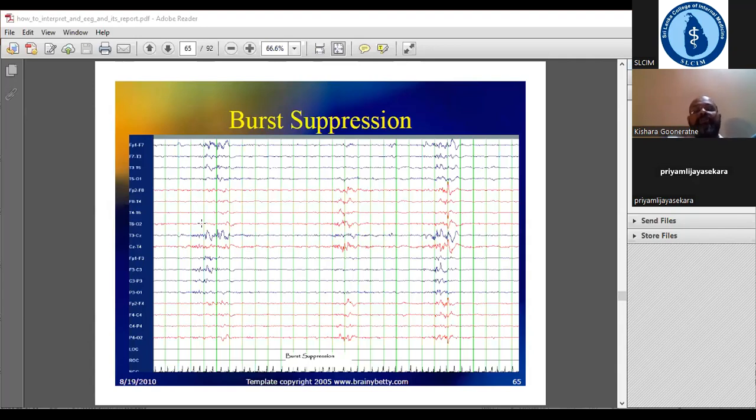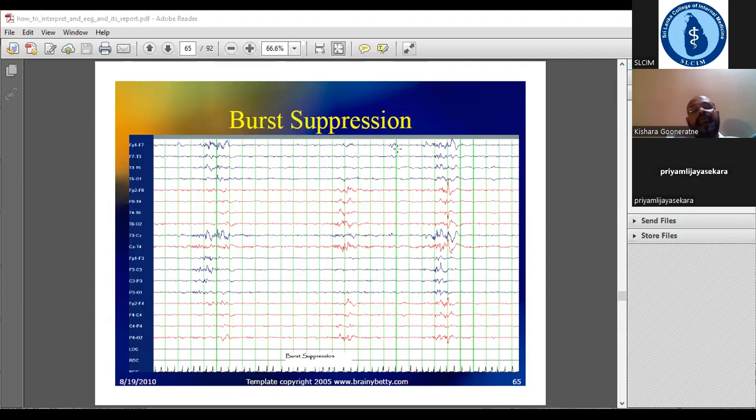So 1:2 kind of suppression. So this is one way of titrating our anti-seizure medication as well as the anesthetic, to give this kind of EEG target.